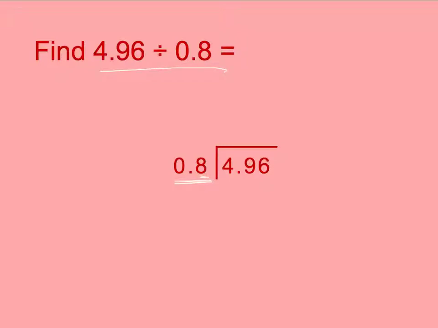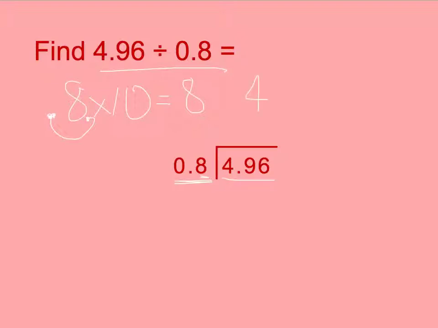The 8 tenths is the only decimal that we have in our divisor. So we just need to take 8 tenths and multiply it by 10. That's going to take our decimal point from right in front of the 8 and put it right after the 8, changing it into a whole number, the number 8. Now, we also need to multiply our dividend, the 4.96, by 10, so that we are staying consistent through the whole problem.